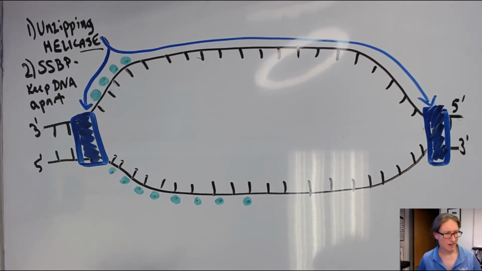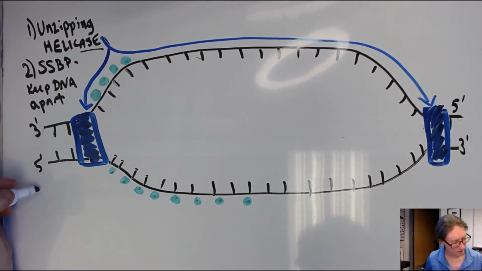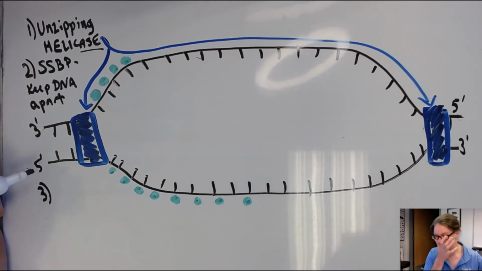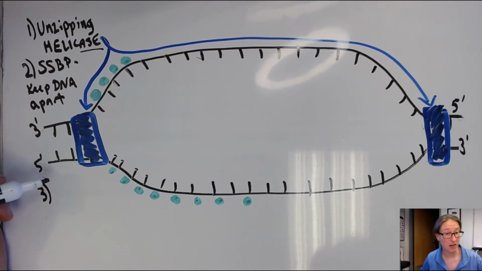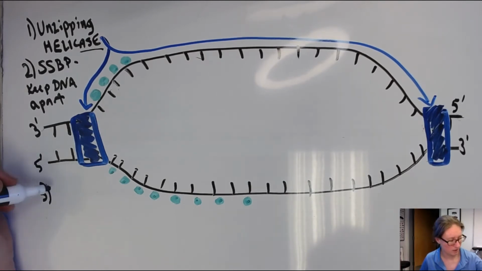So once that has happened, the next thing that takes place is the addition of some short pieces of RNA that are complementary to the DNA. And these pieces of RNA are added by an enzyme called primase.